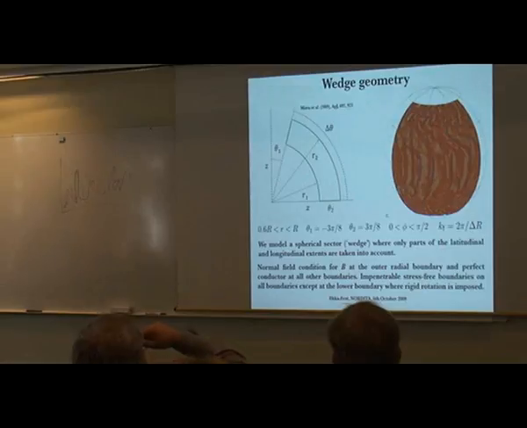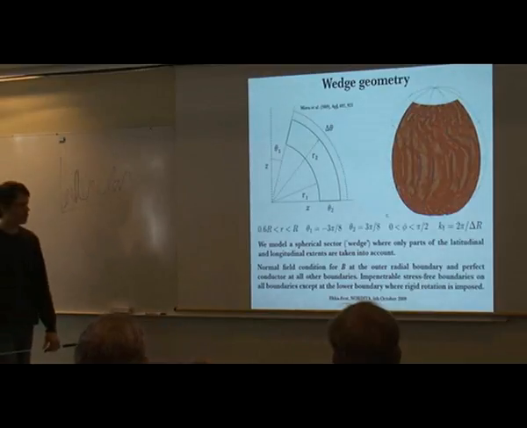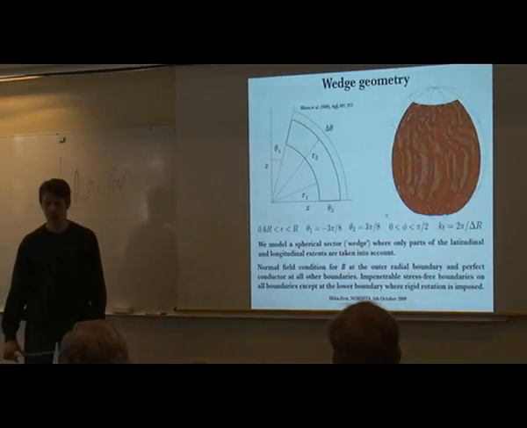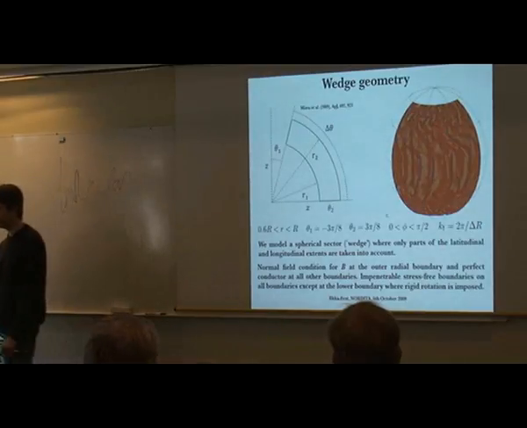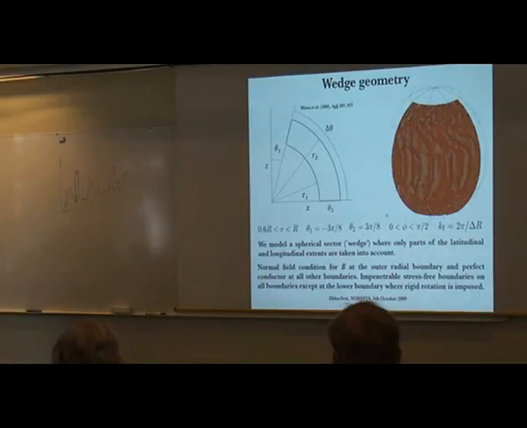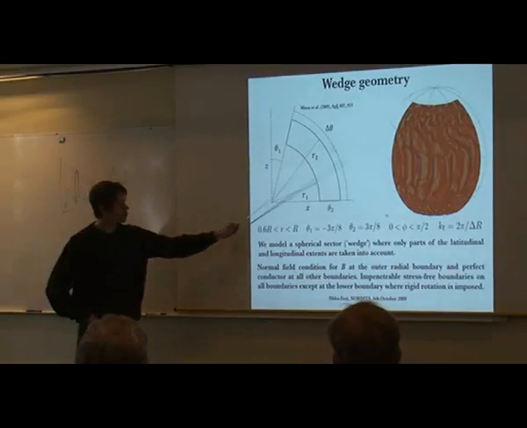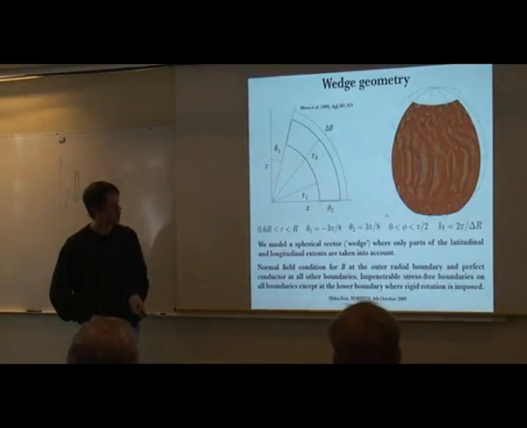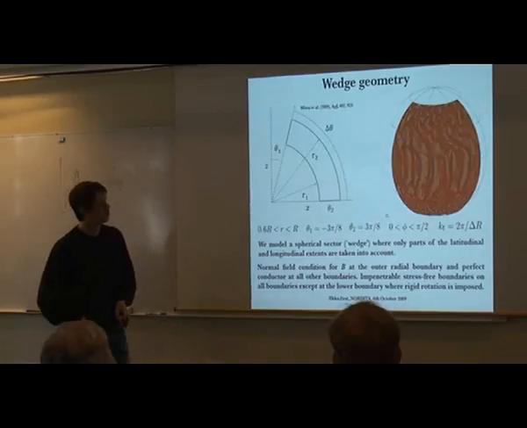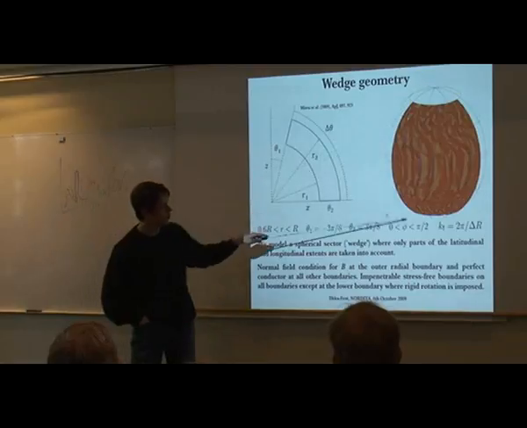So what we then propose is that we don't need the full latitude and longitude ranges. What if we just take part of those? And this is what we call the wedge. So we take a part of the latitude and also a part of the longitude. Here I tried to make it do what I wanted it to do, and it almost did it. So you see that we model this part here.